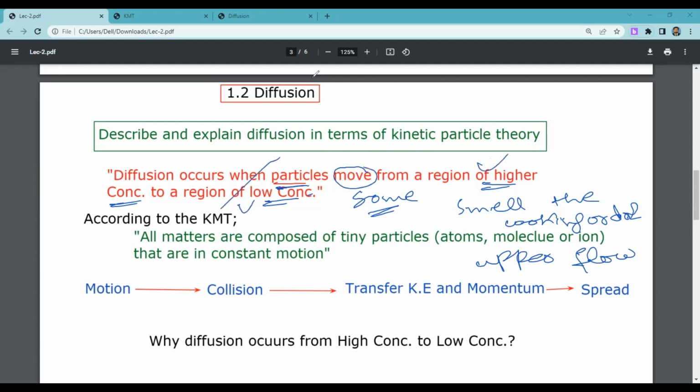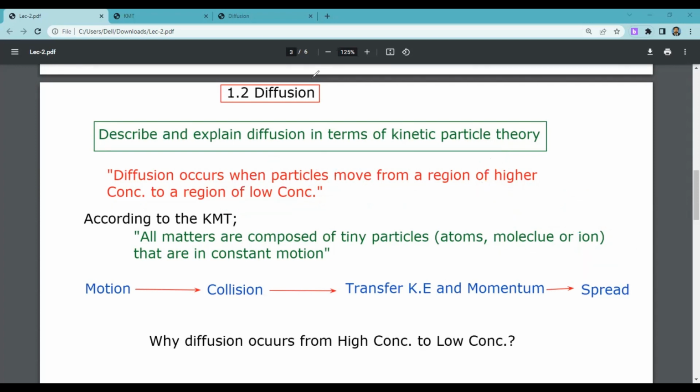We know that this is a property of gases, that they occupy all the volume available to them due to low forces of attraction, low intermolecular forces.